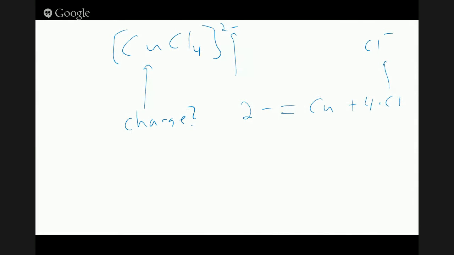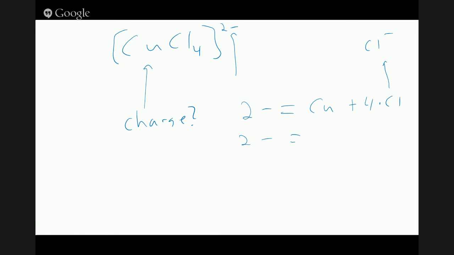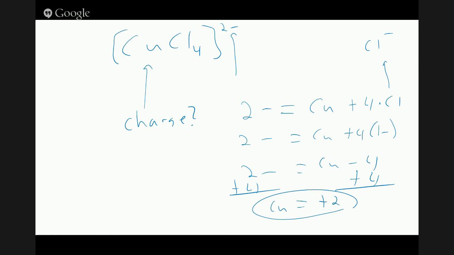Chlorine, when it's a ligand, is chloride. So it has a minus charge. So 2- equals copper plus 4 times 1-. So 2- equals copper minus 4. I have to add plus 4 to both sides. Copper equals plus 2, or 2+.